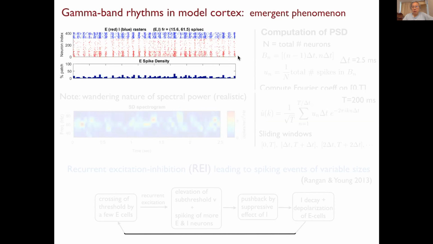It's almost hard to get rid of. It's just there. Okay, so this is just a picture from the previous slide. In case you think that these are population spikes, here's the percentage of neurons that are firing at any one point in time. As you can see, most of the time it's less than 10%. Occasionally you get a big one like 20, but it is extremely far from synchronous firing.